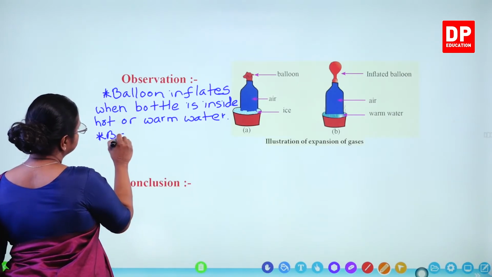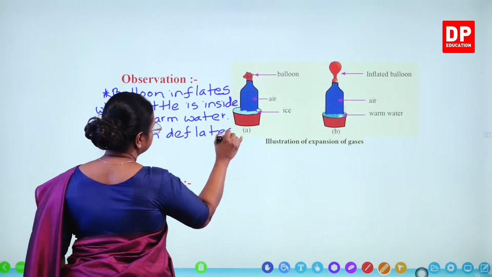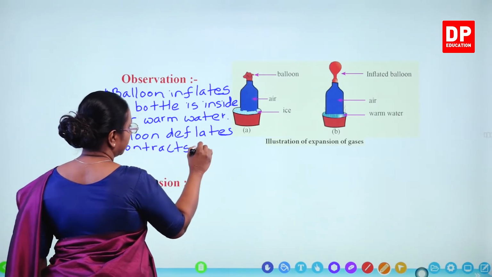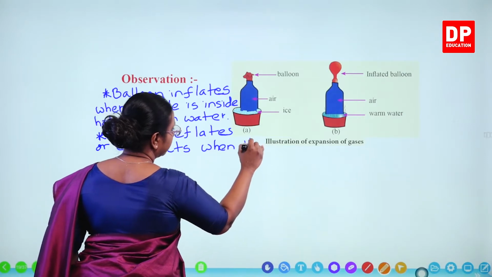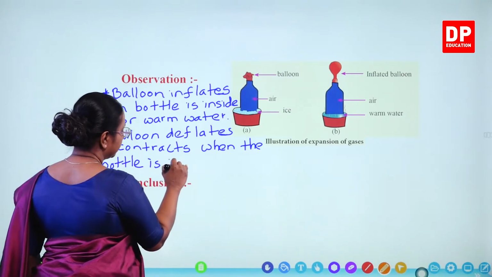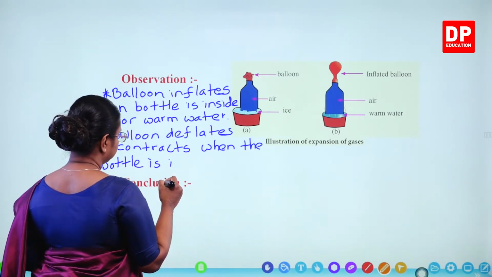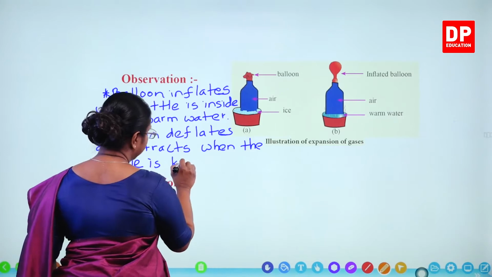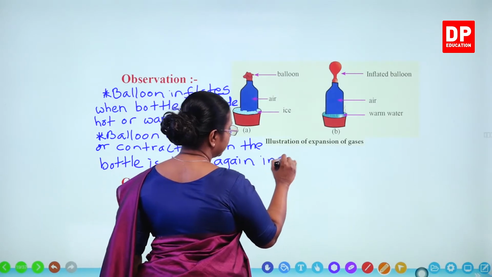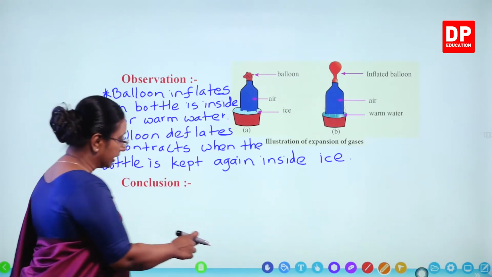And balloon deflates, or you can say contracts, when the bottle is kept again inside ice. So that is how you get the observation.